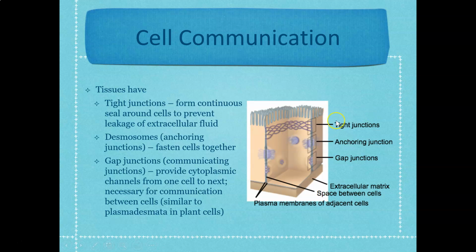So at the top of any given tissue, you'll have these tight junctions that form. And those tight junctions, their job really is to create a sort of watertight seal around all the cells below it. So all of your cells down here are swimming in extracellular fluid, tissue fluid, or if you take anatomy and physiology, or AP eventually, we'll talk about interstitial fluid.